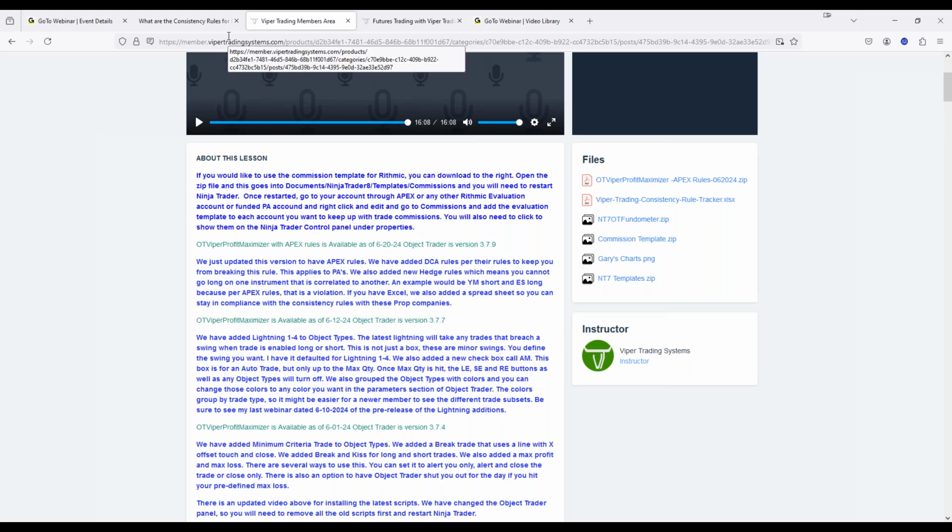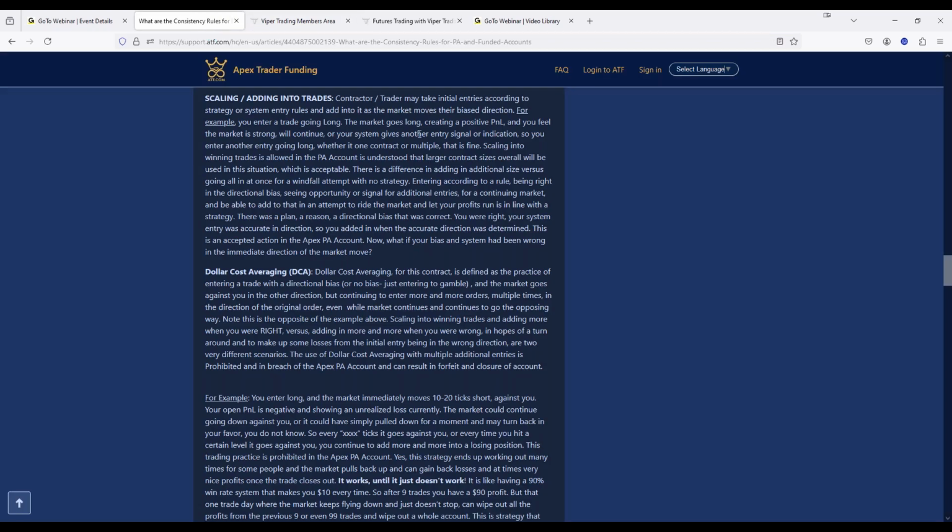If you go to Apex's website, it's just atf.com, and go to the help menu, you can type in PA consistency, and it'll pull up the PA consistency rules. Now, these rules, like I say, are very, very important because there are things you can do and things you cannot do. Dollar cost averaging, okay, this is right here in their help under PA consistency.